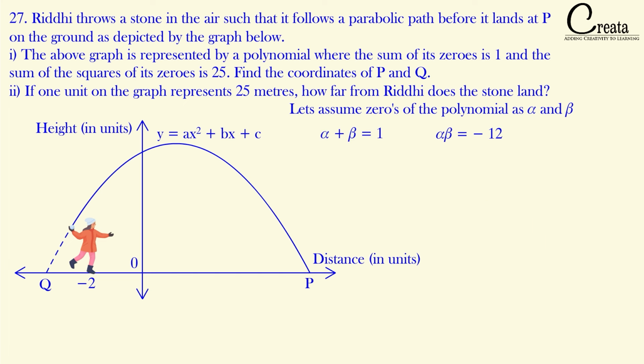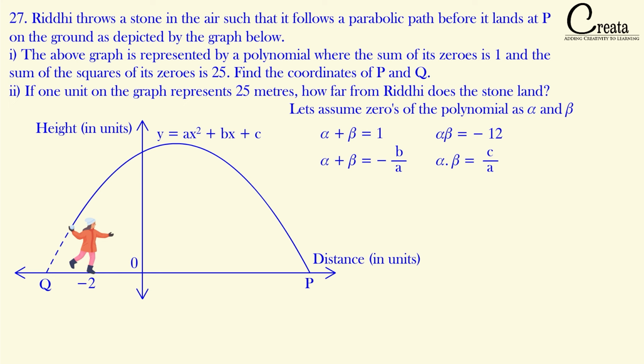Got it? And you must know the relation between alpha, beta and the coefficients of x, that is the relation between alpha, beta, a, b and c. What is the relation? We have two relations: alpha plus beta is equal to minus b upon a, and alpha into beta is equal to c upon a. Alpha plus beta is the sum of the zeros, and alpha into beta is the product of the zeros.